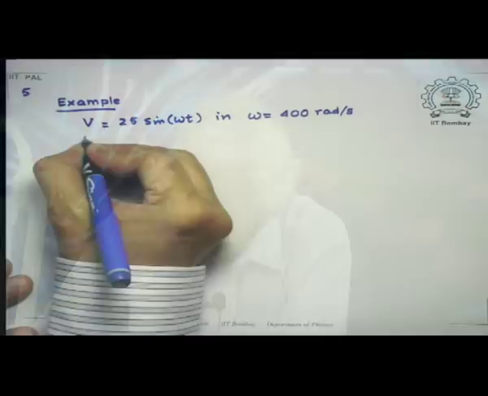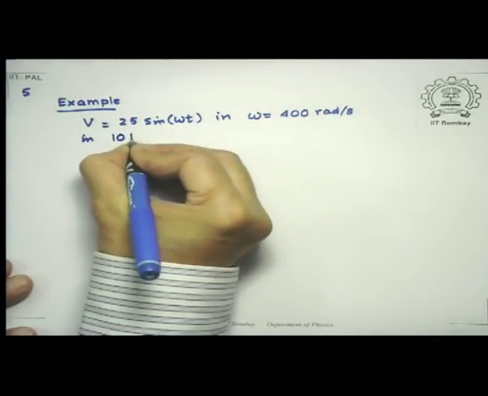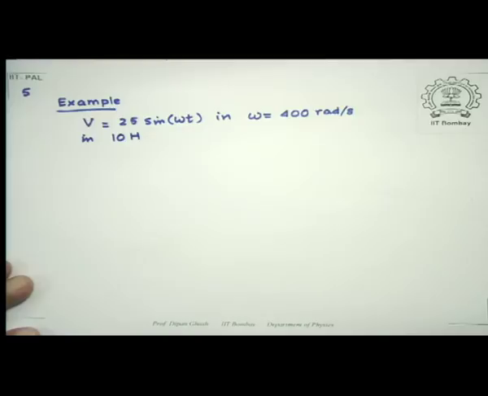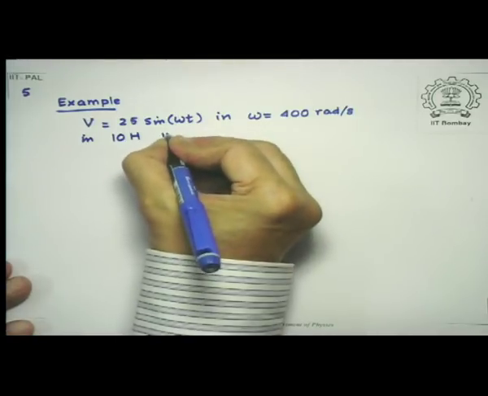This is approximately the type of radian frequency that you would get for a supply which is slightly more than 60 hertz, because corresponding to 60 hertz, omega turns out to be about 377 radians per second. But this we are taking simply because it helps easy calculation. So this is a 10 Henry inductor, a rather large value I have taken, but again for simplicity.